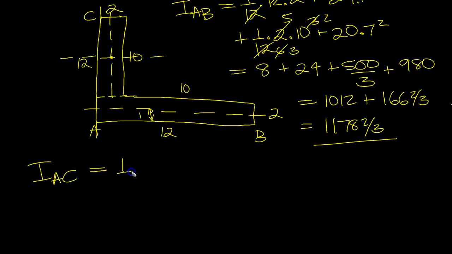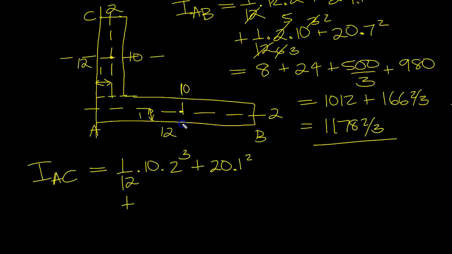It would be 1/12 A, which is 10, times B, which is 2 cubed, plus area, 2 10s are 20, times H, which is the distance here, which is 1 squared.